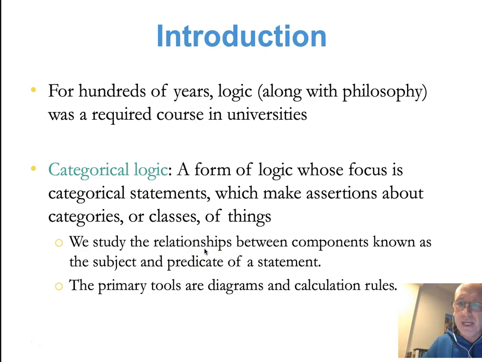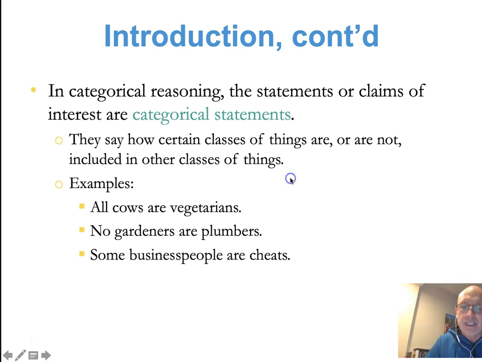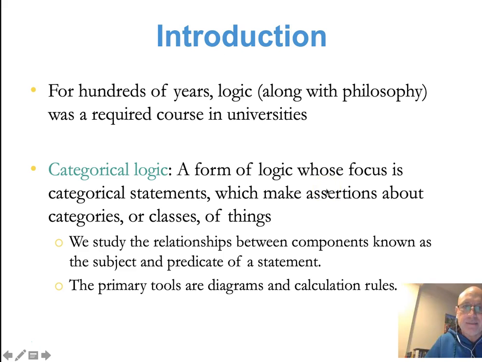When we think about categorical logic, we highlight the fact that this is a form of logic whose focus is categorical statements, which make assertions about categories or classes of things. What you want to notice here is that it's a form of logic that makes assertions about categories or classes of things.